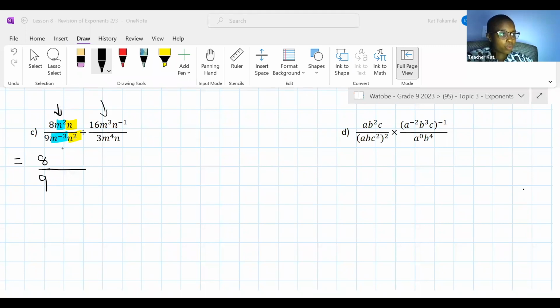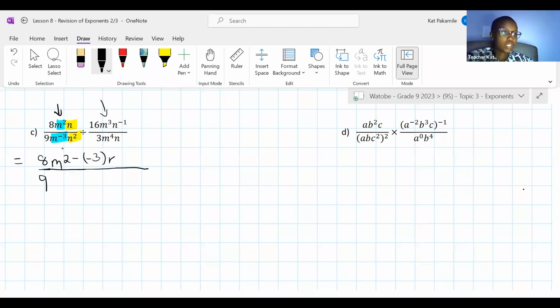So if we're working with m, we're going to say m to the power of 2, which is our numerator, minus negative 3, because the one in the denominator is a negative, right? Then we deal with n. N to the power of, if there's nothing there, there's a 1 minus 2.